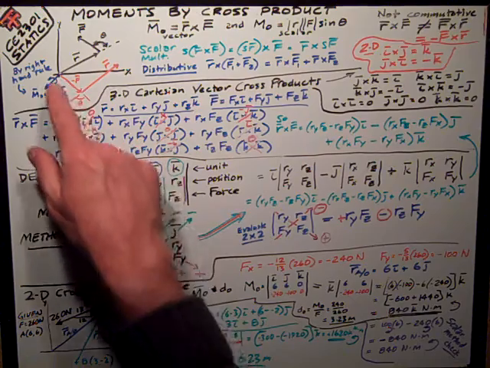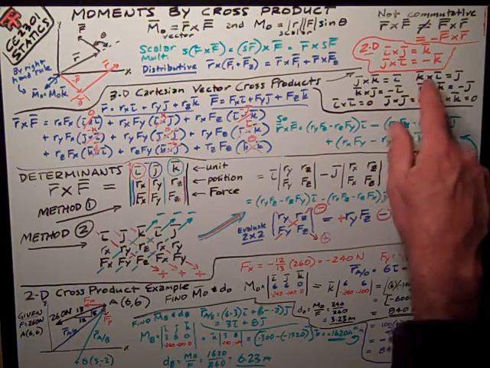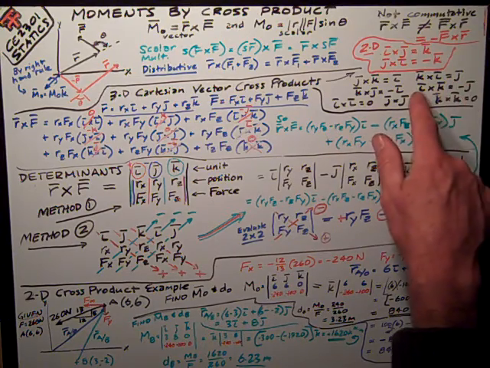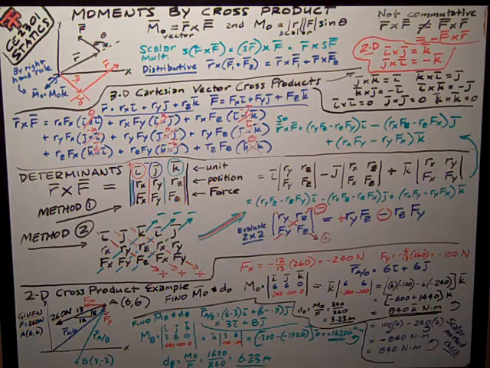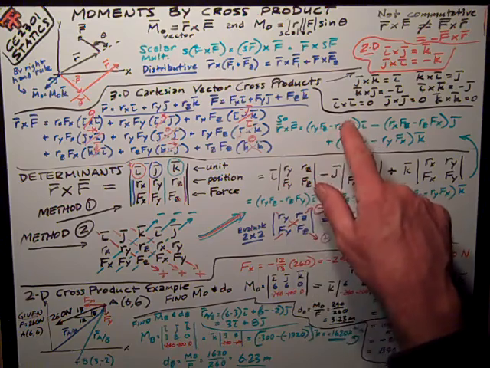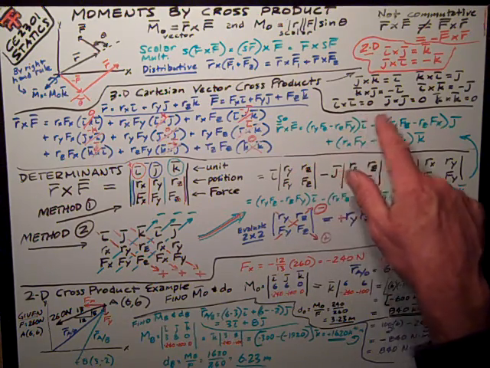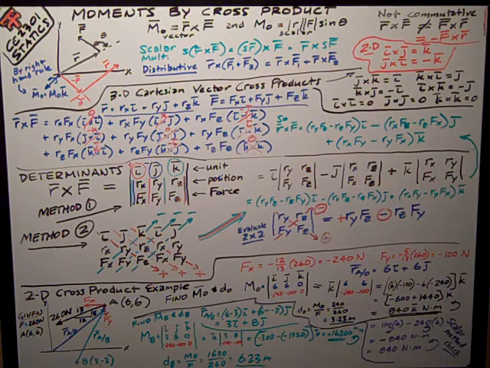It's kind of like this sort of proof over here with the different axes. Similarly, k cross i is equal to j, but i cross k is equal to negative j. And then we see that i cross i is equal to 0, j cross j is equal to 0, and k cross k.